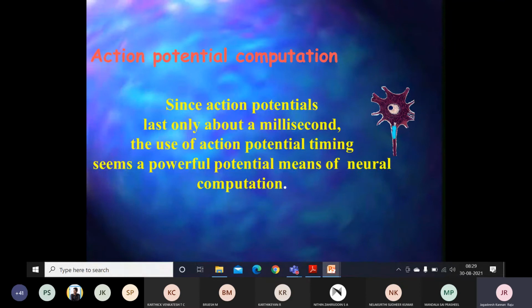Since the action potential lasts only about a millisecond, the use of action potential timing seems to be a more powerful potential means of neural computation. So that firing process lasts only a millisecond, and that particular time has to be taken into consideration during the computation process.